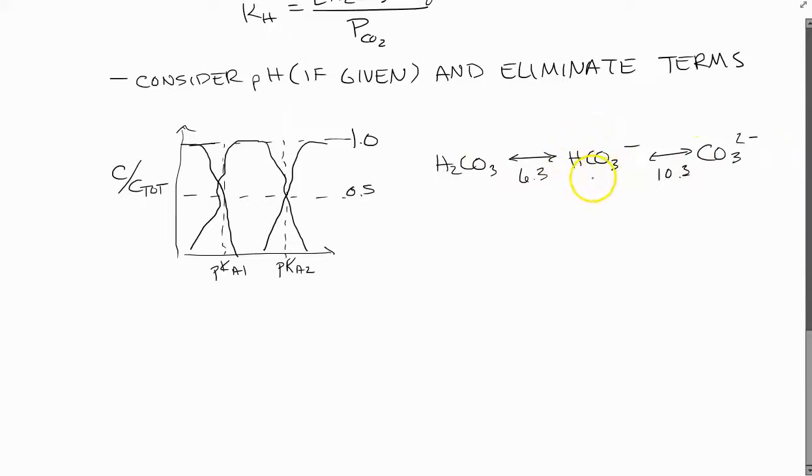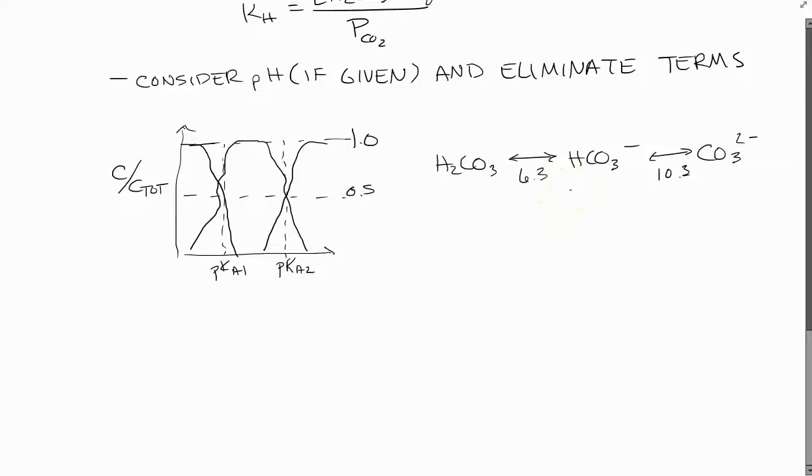And so you can look at the pH. Let's say the pH is like 3. There's not really much of either of the other two, so you can cross them out. That's a way to quickly visualize your system if you're given the pH and cross some terms off of, for example, your alkalinity equation.